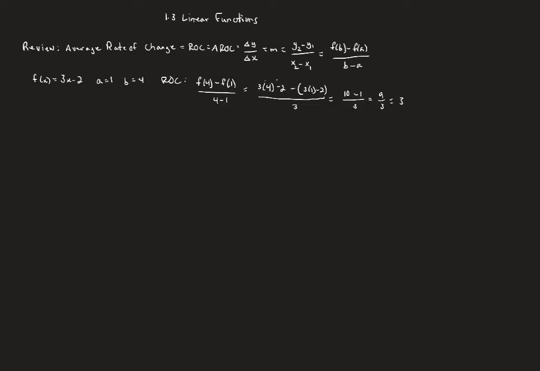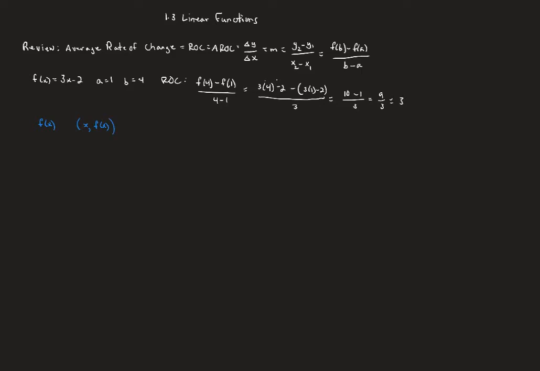Now, let me change gears here a little bit, and suppose I have a generic function f of x. I'm not going to tell you what that function is right now. Just imagine it's any function. And I'm going to say there is a point on the graph of that function, and it's going to have x-coordinate x, which will make its y-coordinate f of x.